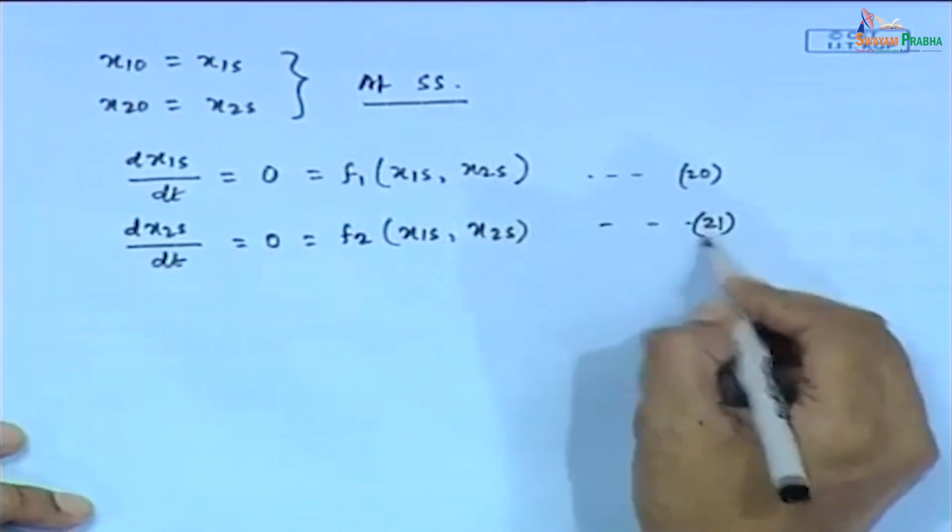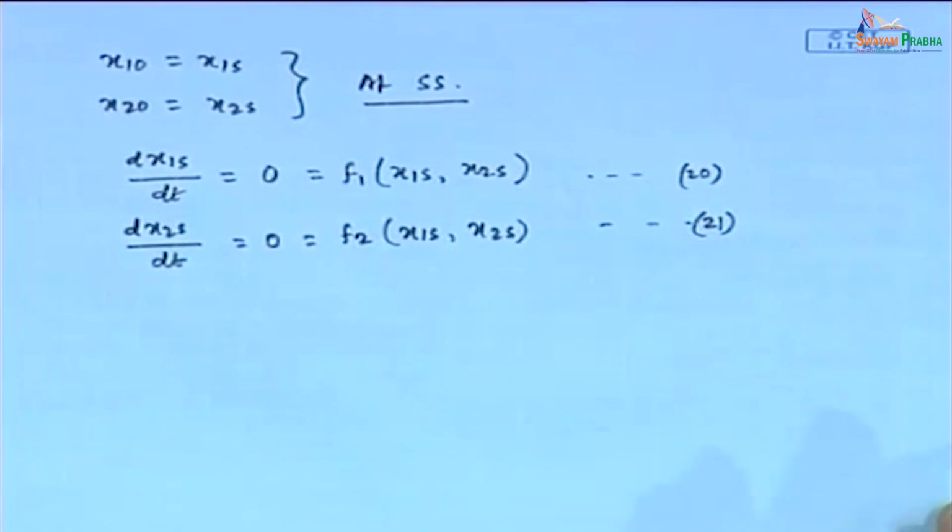Suppose this is equation number 21. So, what we need to do in the next step to represent in terms of deviation variables, we have to subtract the steady state models from the linearized models.